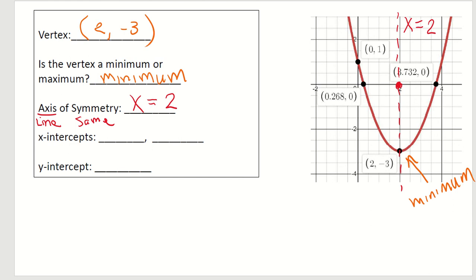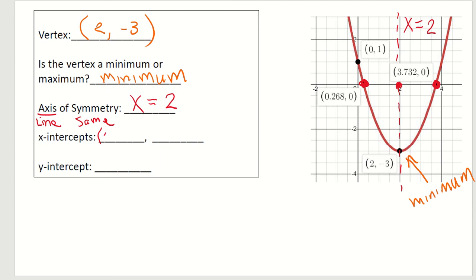Next, it asks you for the x-intercepts. Well, I'm going to have to do a little erasing here of this line because I went through one of them. There we go, that's better. So the x-intercepts are where the graph crosses the x-axis. This parabola crosses the x-axis twice because it's symmetric. And it actually crosses at 2 coordinates.